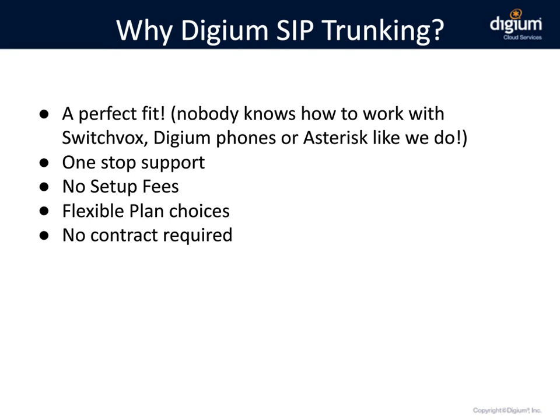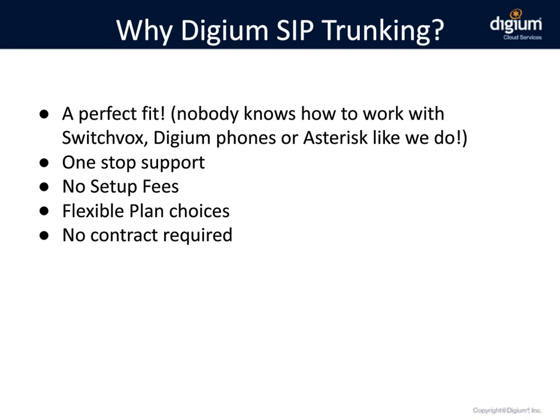It is designed with Asterisk in mind and with Switchvox in mind, and has easy configuration and easy setup. We are the Asterisk company, we are the Switchvox company, so it was built for that. However, it's not required. You don't have to have a Switchvox or an Asterisk server to use it. It works with any PBX out there.